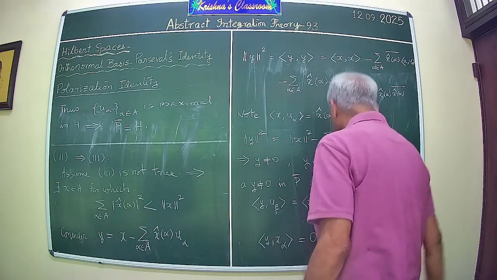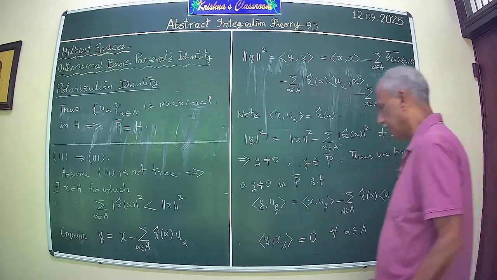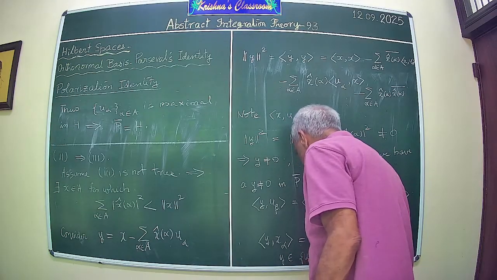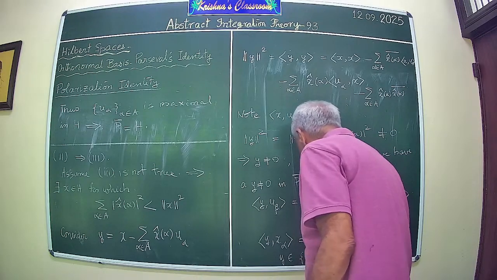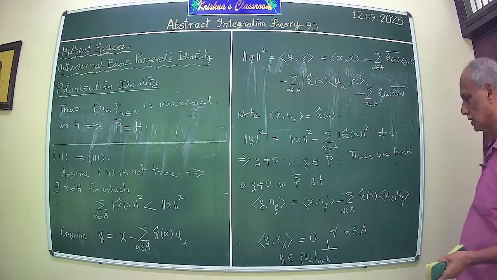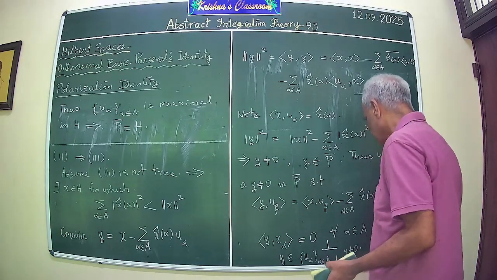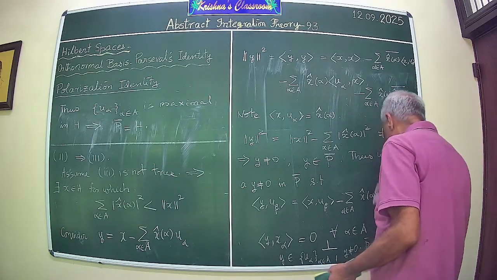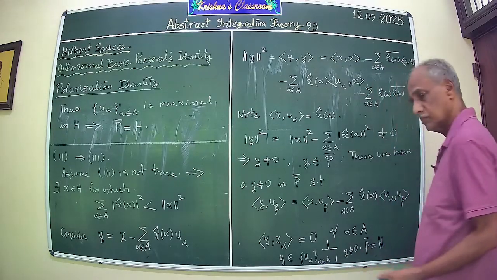So y is orthogonal to this collection, and y is not equal to 0. Thus, the closure is not equal to 0.